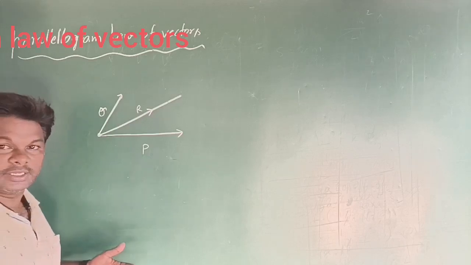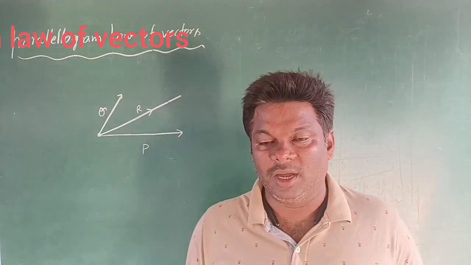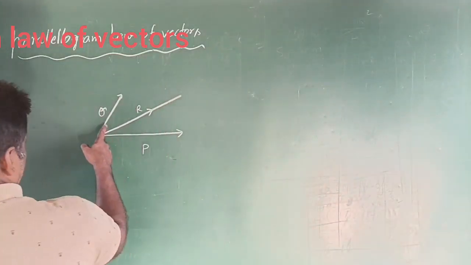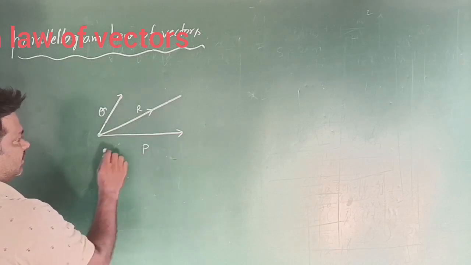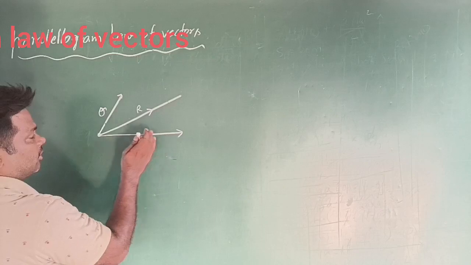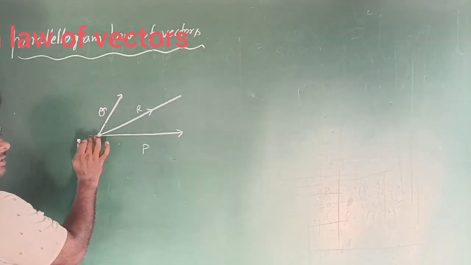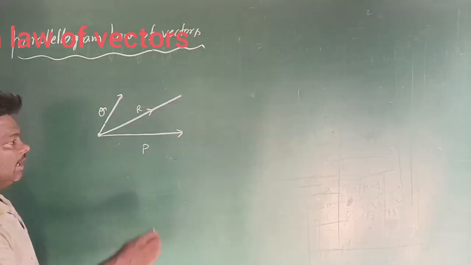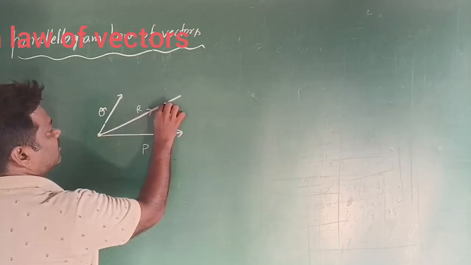When two vectors are acting along the adjacent sides of a parallelogram, then the resultant of those two vectors is also acting at the same point, and it is R.